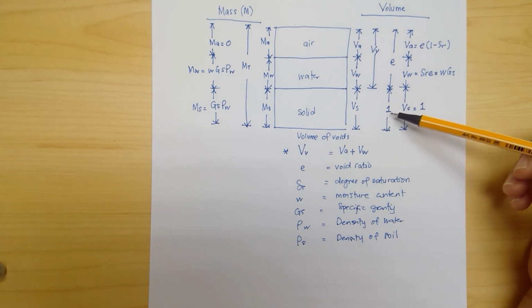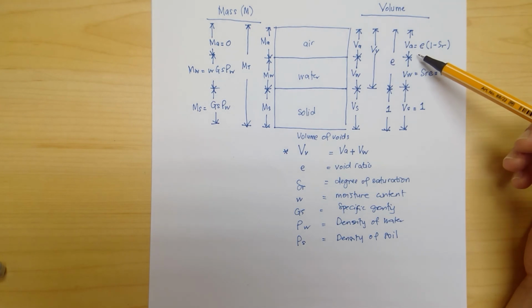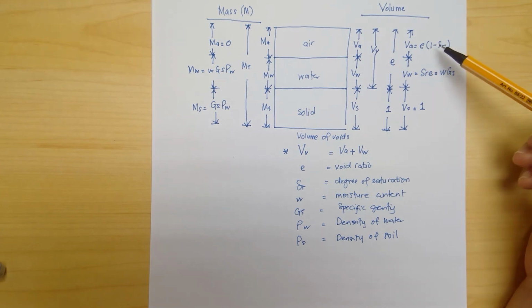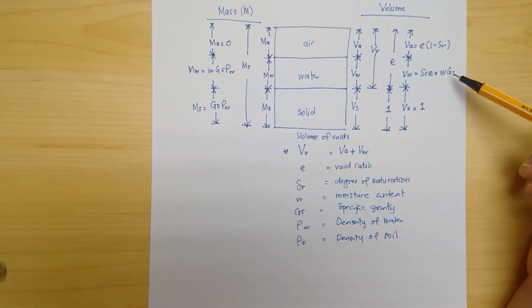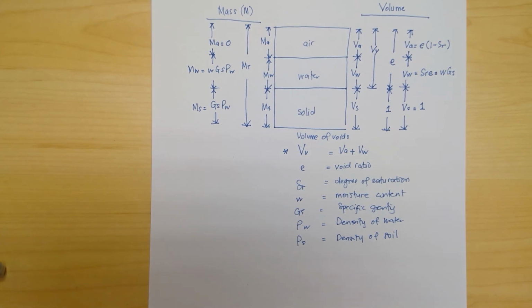Solid will take the value 1. Please memorize all of these equations. Va is equal to e(1 minus Sr). Vw is equal to Sr e or w Gs. And also for the part for mass. Hopefully you can all draw this. The most important thing is for you to remember all of the equations and the three-phase diagram.